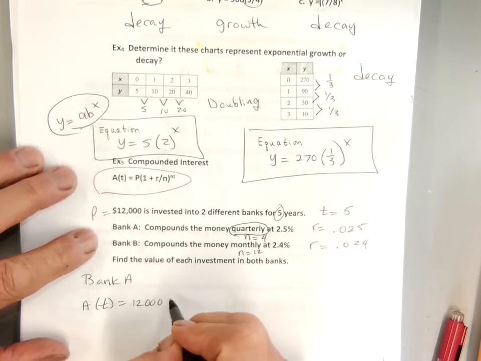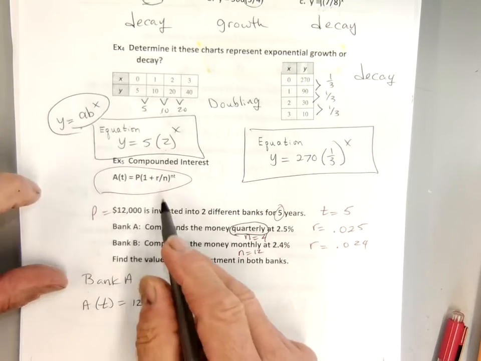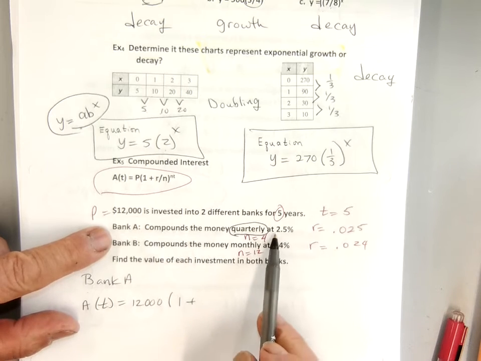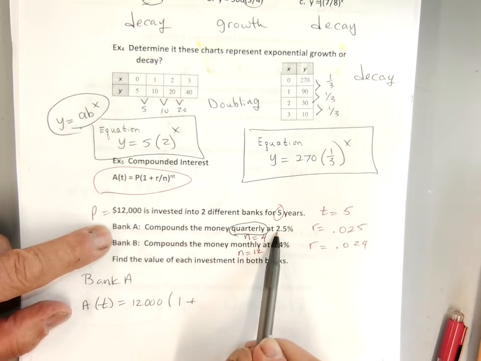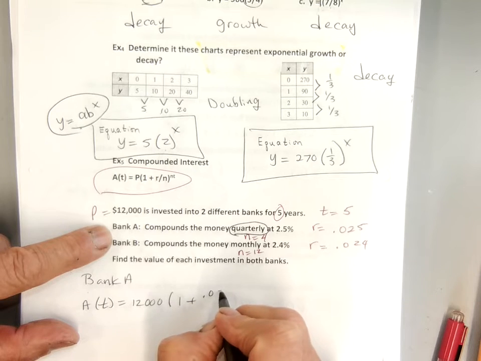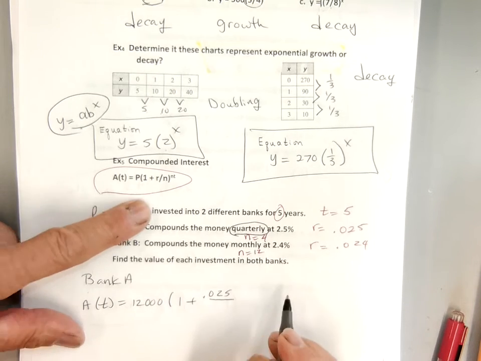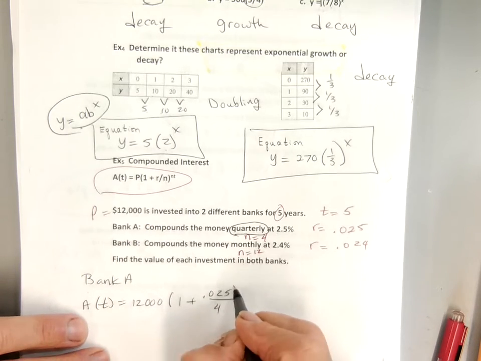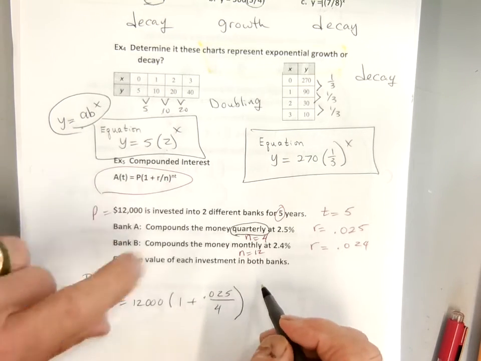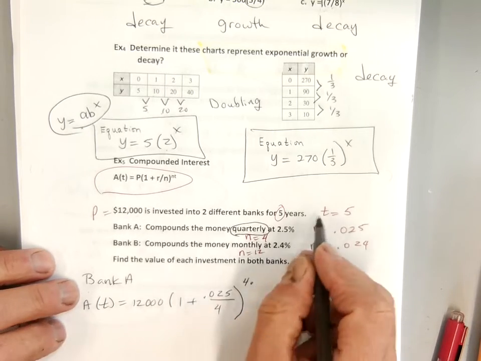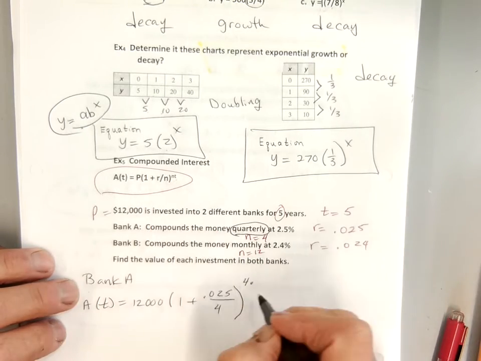P is 12,000, parentheses, just like the formula says, 1 plus. Now the R is not 2.5, we have to change it to a decimal: 0.025 divided by N. N is 4 for quarterly. To the power of N times T, which is 4 times 5.